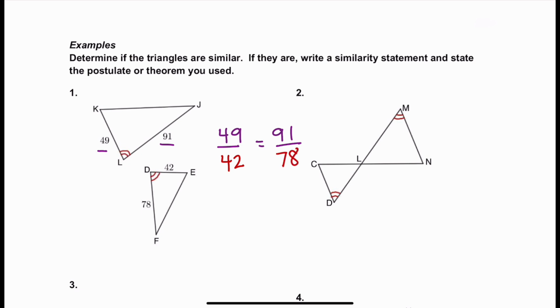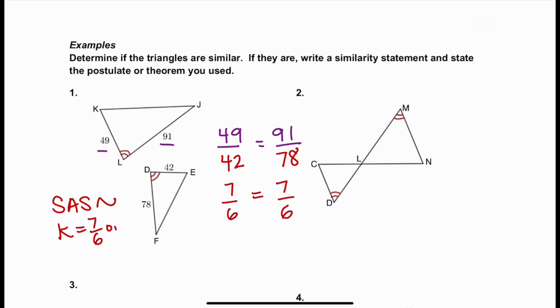You can put them in your calculator. 49 divided by 42 is 7/6. And 91 divided by 78 is also 7/6. Those are equal, so they are proportional. So this is going to be side-angle-side similarity. And the scale factor k is going to be 7/6.